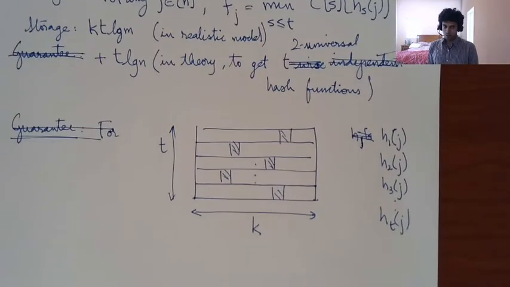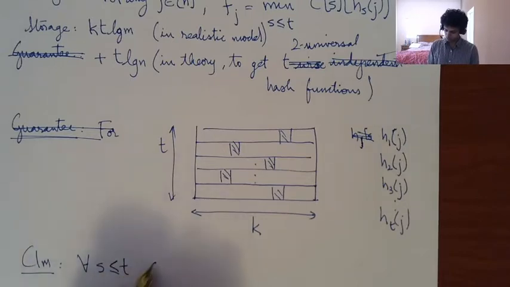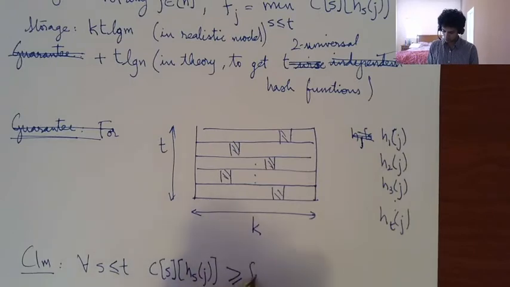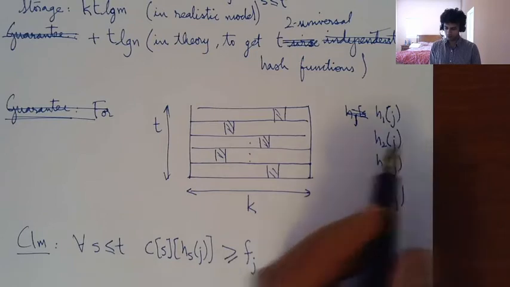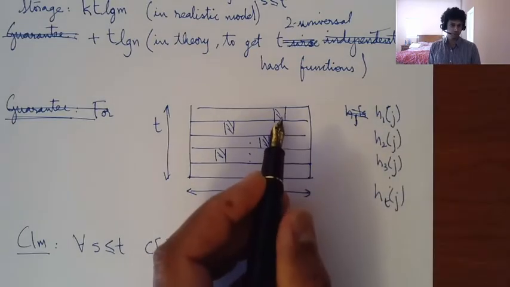So one thing that should be relatively straightforward is that for all s at most t, C_s of h_s of j is greater than or equal to the true frequency. That's because every time you see j, you're going to increment that position.